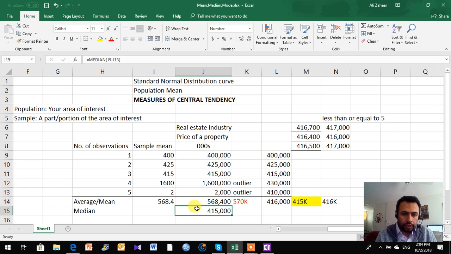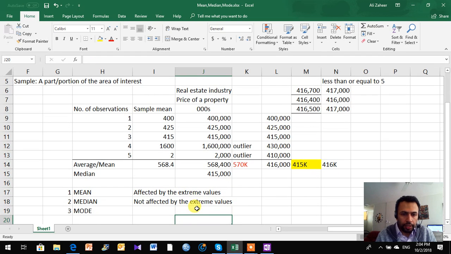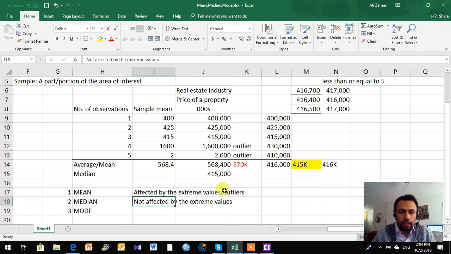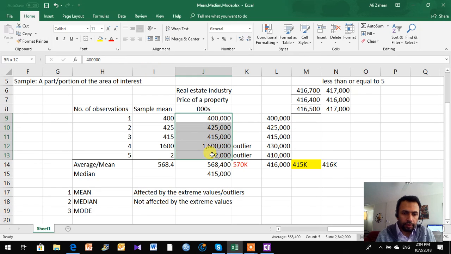In other words, we can say that the mean is affected by the extreme values, or outliers. If the mean is affected by the extreme values, which we can see in this case, then what is the alternative measure of central tendency? The alternative measure is the median, because it is not affected by the extreme value.